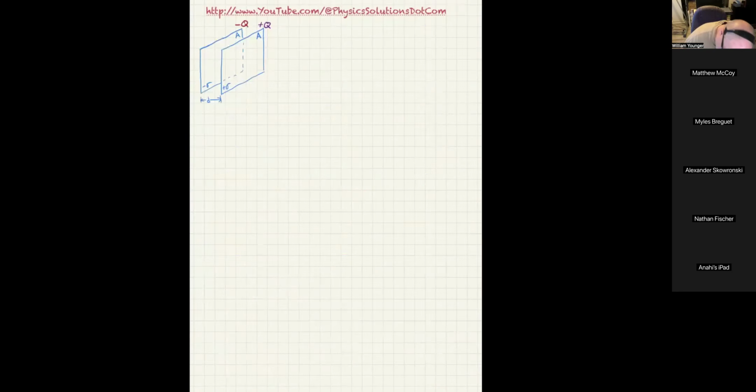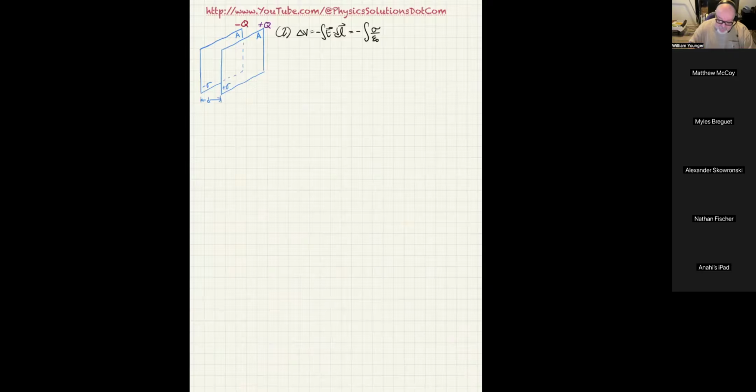So this is step 2. I'm using delta V equals the negative integral of E dot dl. Now, between the plates, we just decided that the electric field is sigma over epsilon naught, so I'm going to write sigma over epsilon naught.